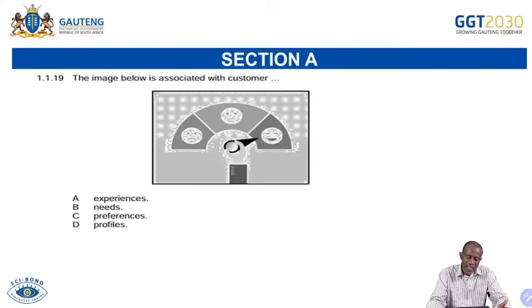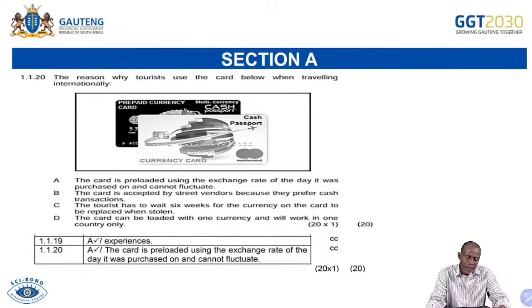So if you feel that the correct answer is number A, then you write in your answer book 1.1.19 and you write the appropriate letter of the alphabet. So if you pick A, for instance, then you write 1.1.19A. As you can see here, I've already given you the answer for 1.1.19, which is number A.